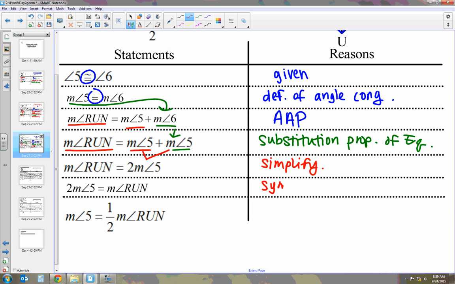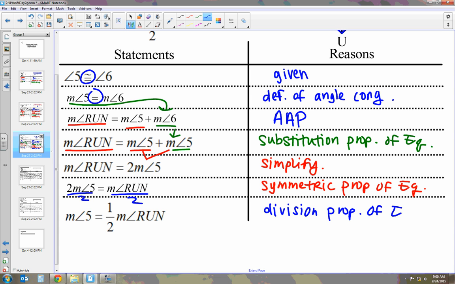So this is our symmetric property of equality. Next, I notice that the measure of angle 5 has been isolated, so that means I divide to get rid of that 2. And so this is the division property of equality. Okay.